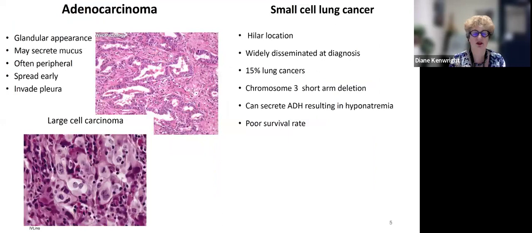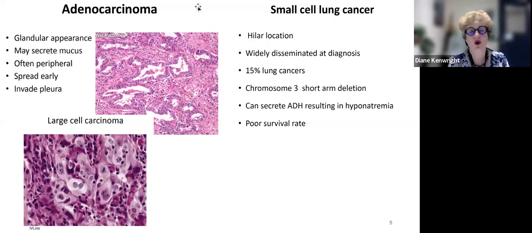Looking at the histology of these types, adenocarcinoma often has glands in it, and like most adenocarcinomas, can secrete mucus. Small cell carcinoma is also more central, with a hilar location, and is widely disseminated at diagnosis.